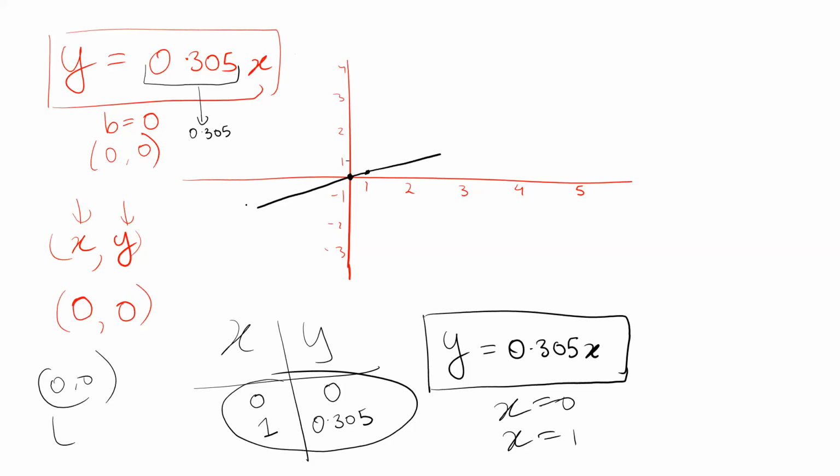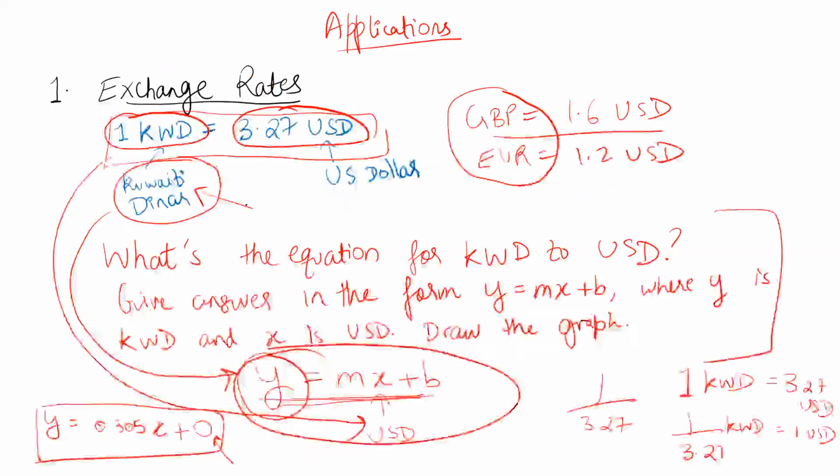Okay, so that's all you do. So you have the exchange rate. Here we were given one Kuwaiti dinar equals 3.27 USD, but we were actually asked to find the equation for the opposite: 1 USD equals how much KWD? And what did we do?